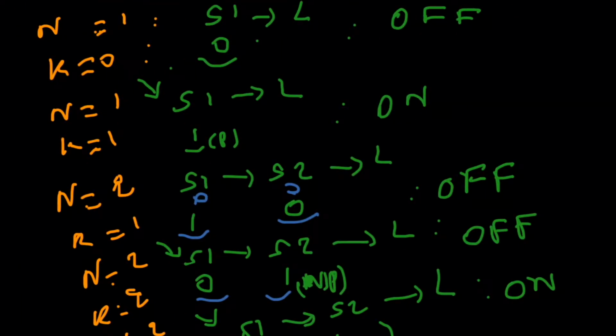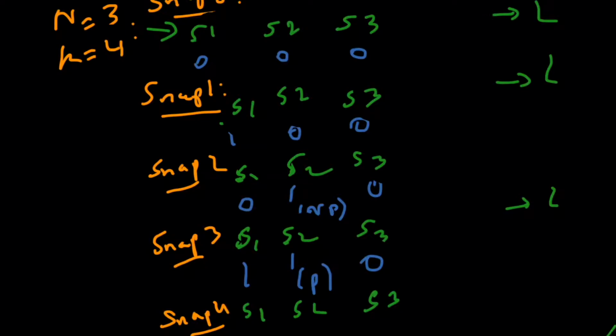So let's look at that. So that means that here it becomes 1 because it's powered, because it's connected to S2, which is powered. Here it didn't change because it was connected to S2, which wasn't powered. And so this one, since it's powered, toggles its state to 0. And this one, since it's powered, toggles its state to 0. And this one is plugged to L.